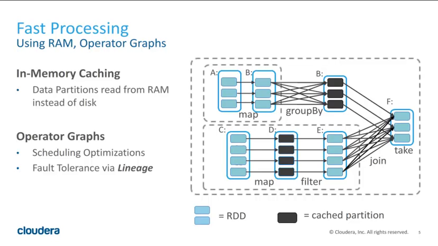The other piece is that not all intermediate RDDs are written to disk. Now, as we mentioned, Spark applications are a sequence of transformations, often a reasonably long sequence of transformations, which will produce many intermediate RDDs. But not all these intermediate RDDs are written to disk.